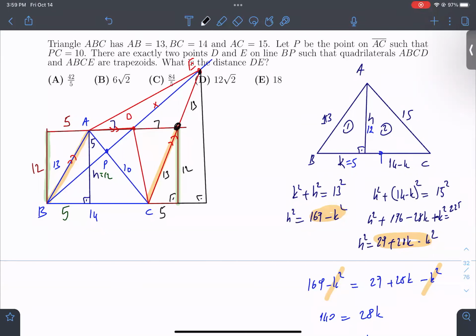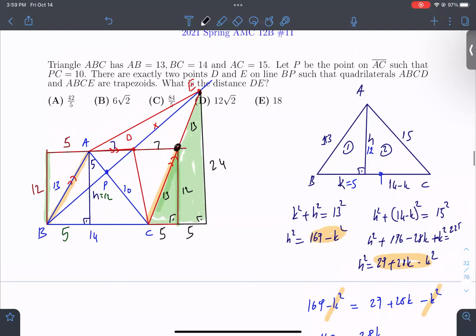We can see another similar triangle, similar to the bigger one, and the ratio of the similarity is 13 to 26, 1 to 2, which means this has to be 5, 5 to 10, and this has to be 24. We are very close to our solution.